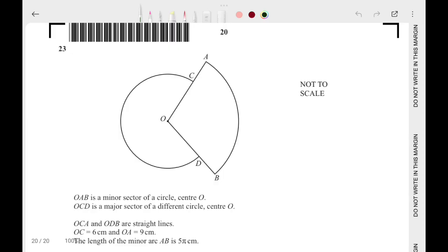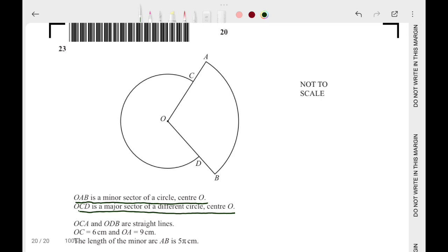In this question, OAB is a minor sector of a circle with center O, and OCD is a major sector of a different circle with center O. So actually there are two sectors given, one is minor and the other is major.